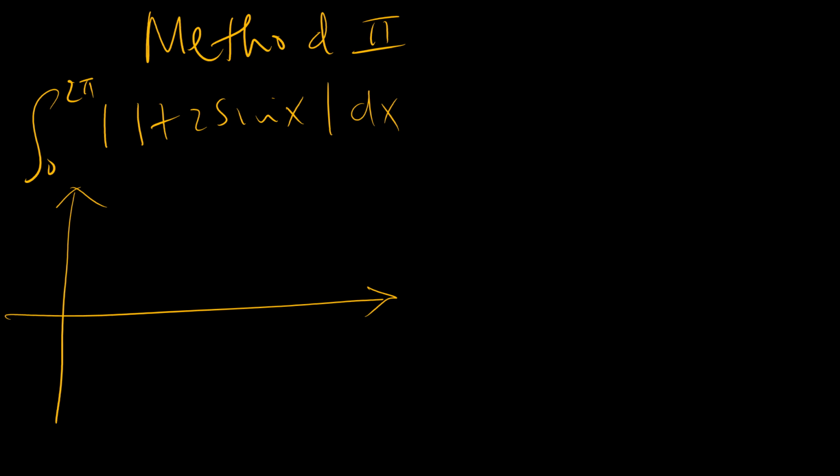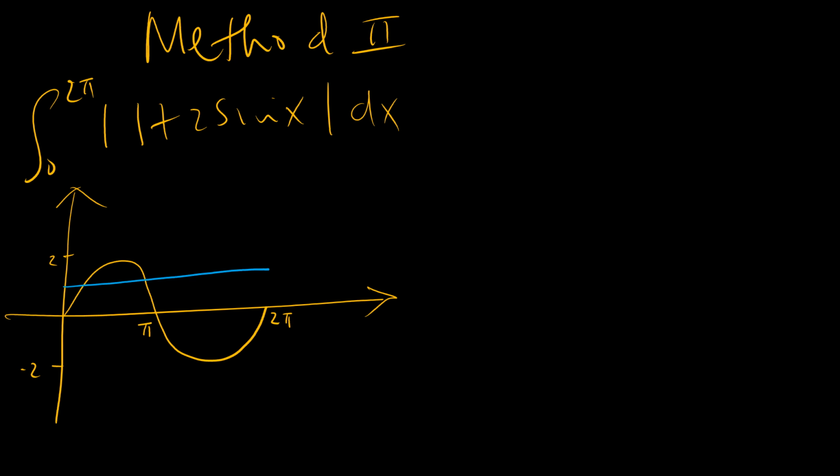So if we begin by plotting 2 sine x, so this is 2 and this is negative 2, and then if we superimpose, and by the way, let's be mindful to demarcate this to be pi and this to be 2 pi.